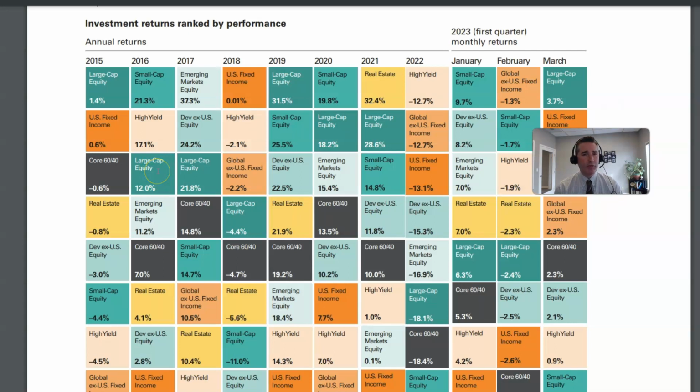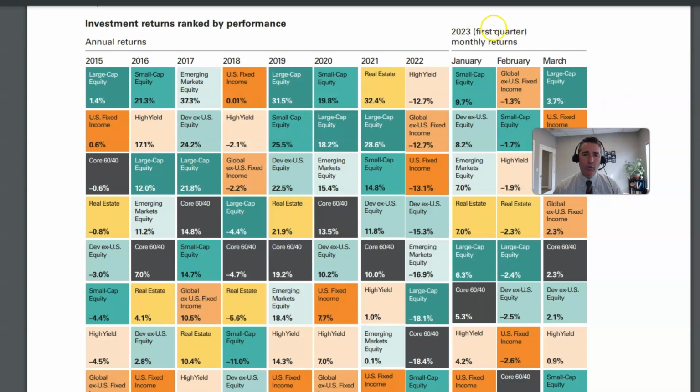So rebalancing a portfolio needs to be thought of as more of a risk mitigation tool than trying to enhance returns. But this becomes especially important once you're retired because you don't have time on your side to make significant mistakes or to experience significant drawdowns in your portfolio at a time when you're trying to live off of the resources that you've saved.